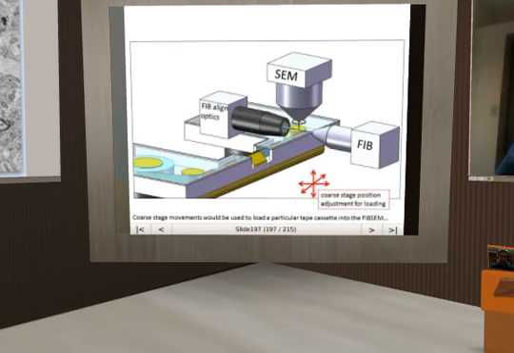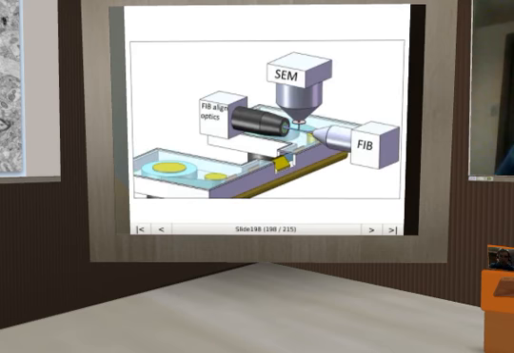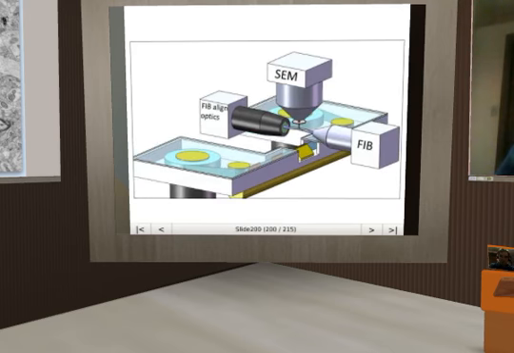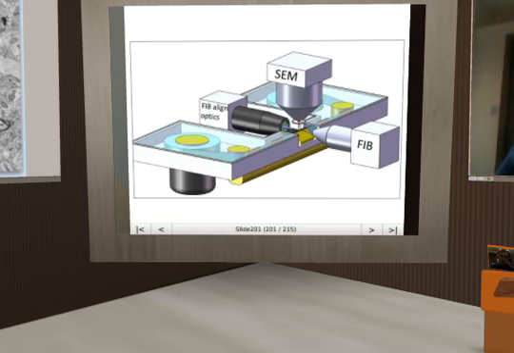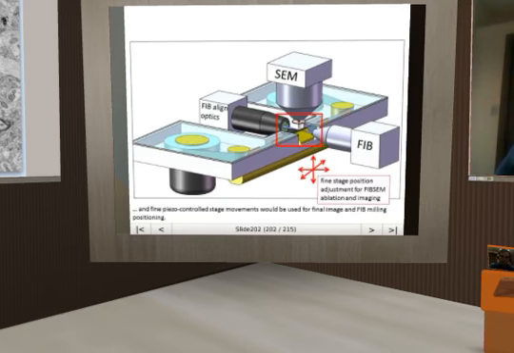So this is shown here. A coarse stage movement would be used to load the particular tape cassette into the FibSim. And fine piezo-controlled stage movements would be used for final imaging and FIB milling positioning.